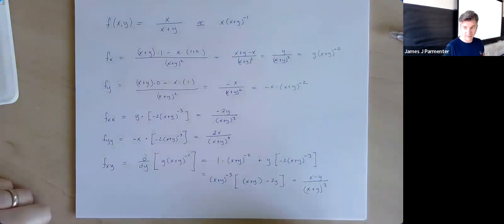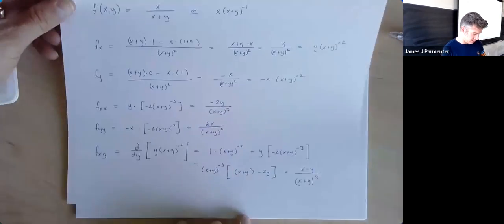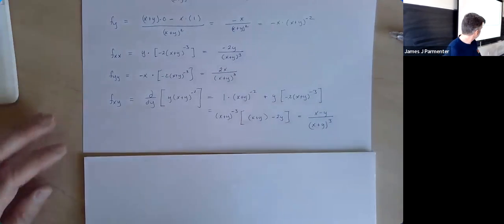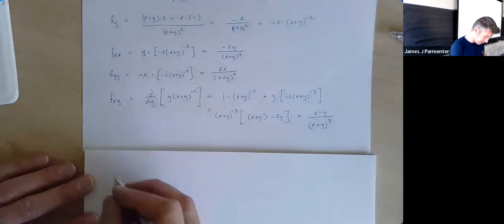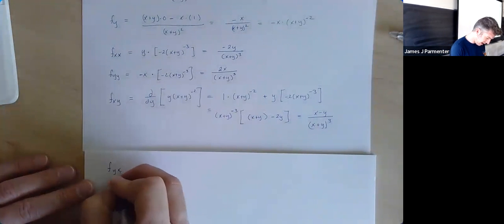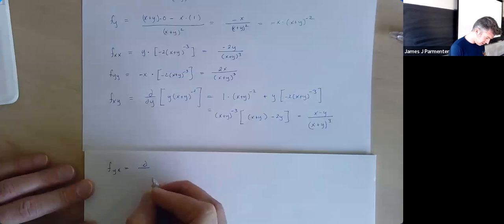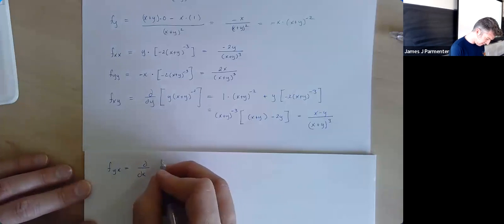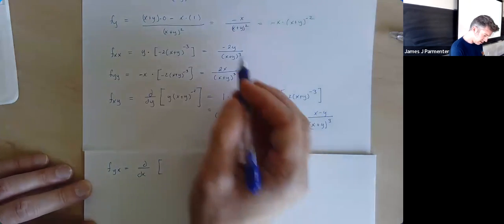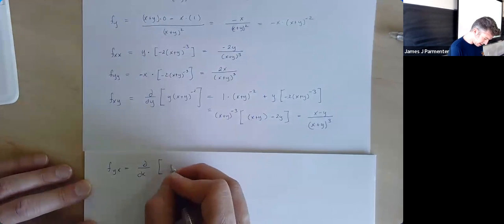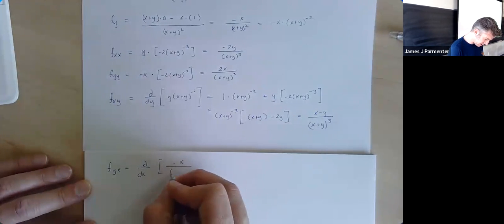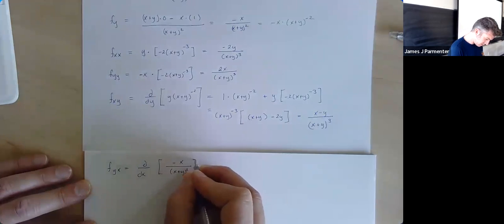It's a nice check to see if we've done things right to do the other mixed partial. And I'm going to do it using the quotient rule instead of doing it this way. The other mixed partial, fyx, which is del x of fy. Fy is right there, and I'll write that as -x divided by (x plus y) squared.